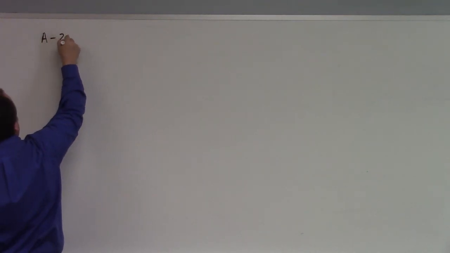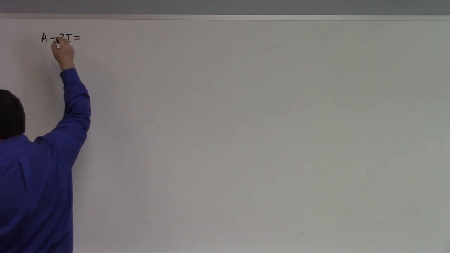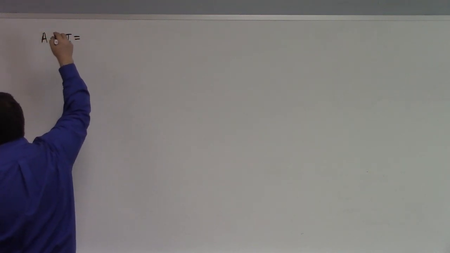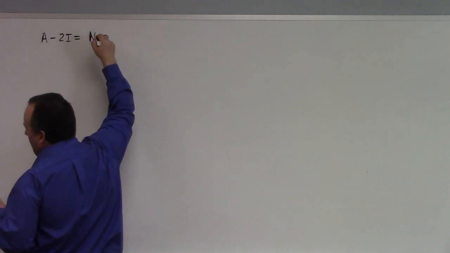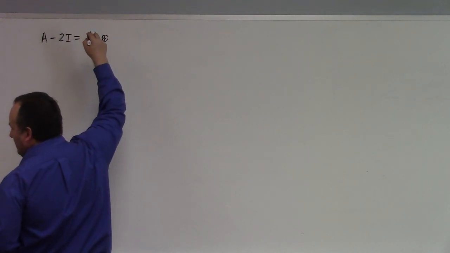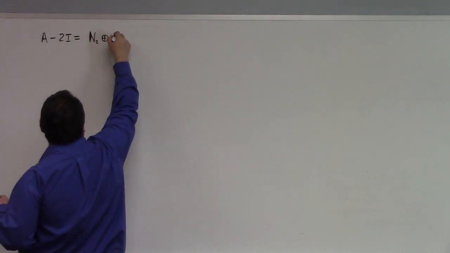A minus 2I in terms of blocks is equal to what I called N2, direct sum, the 2 by 2 identity, right?